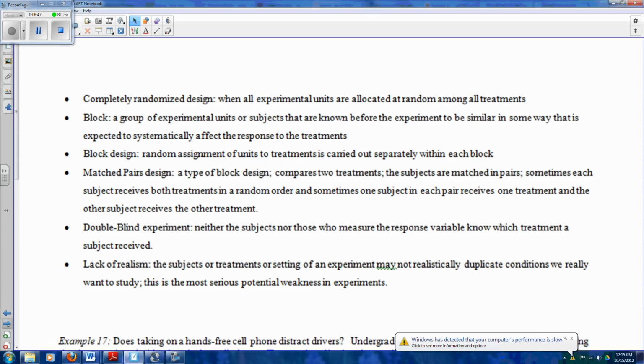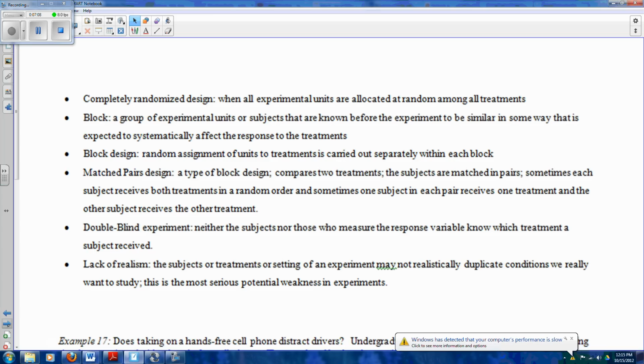Now that they're separated, we know that characteristic about them, their gender, then we carry out the experiment where you randomly assign some of the guys to the treatment, some of the guys to the placebo. You do the same thing for the girls: the girls you assign to a treatment, and the girls you assign to a placebo.